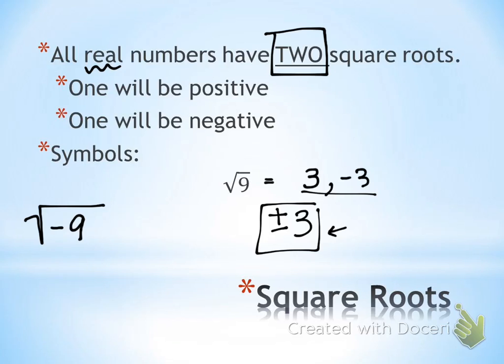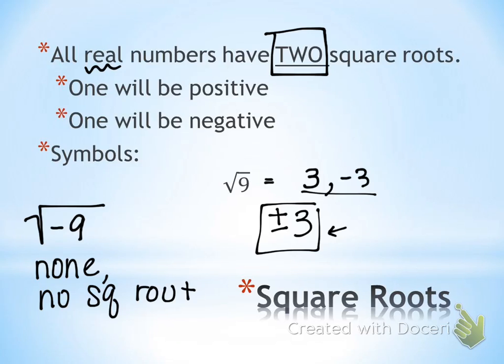Is there any number at all that will multiply exactly with itself to give me negative 9? 3 times 3 is positive 9. You say, okay, what about negative 3? Negative 3 times negative 3 is positive 9. So anytime you have a negative number underneath the radical, your answer is none, or no square root. There's no such real number that will be the square root.